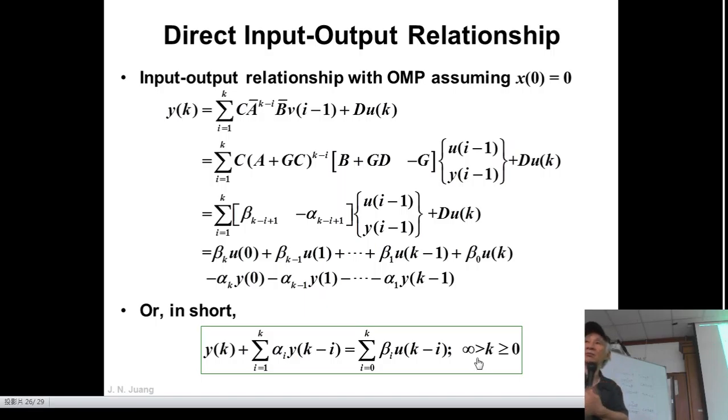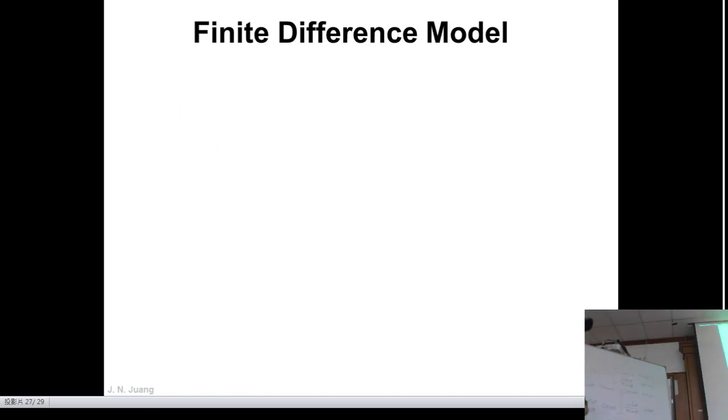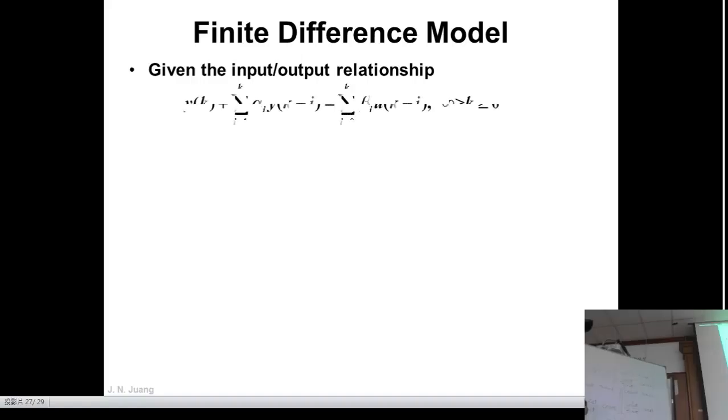Then it is better to use this, because you don't have to worry about the observer. The observer is already embedded in beta and alpha; the observer G and the model A, B, C, D are all embedded in here, in beta and alpha.